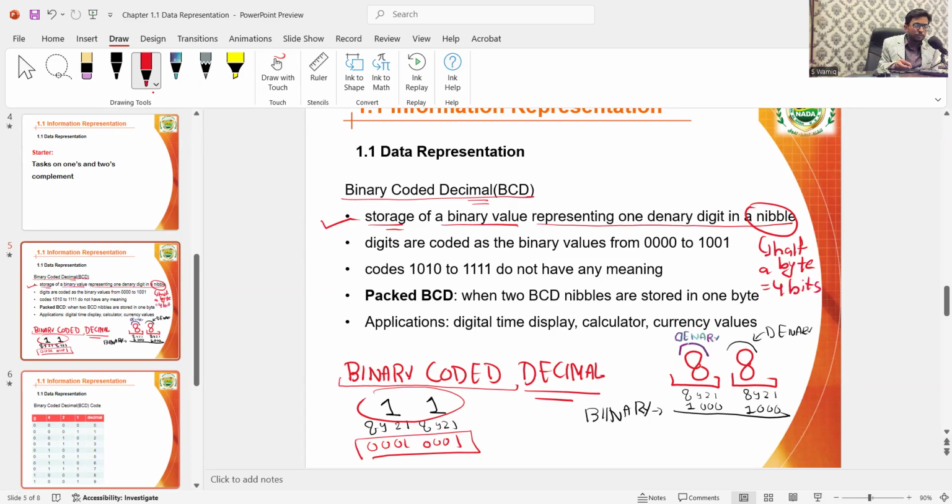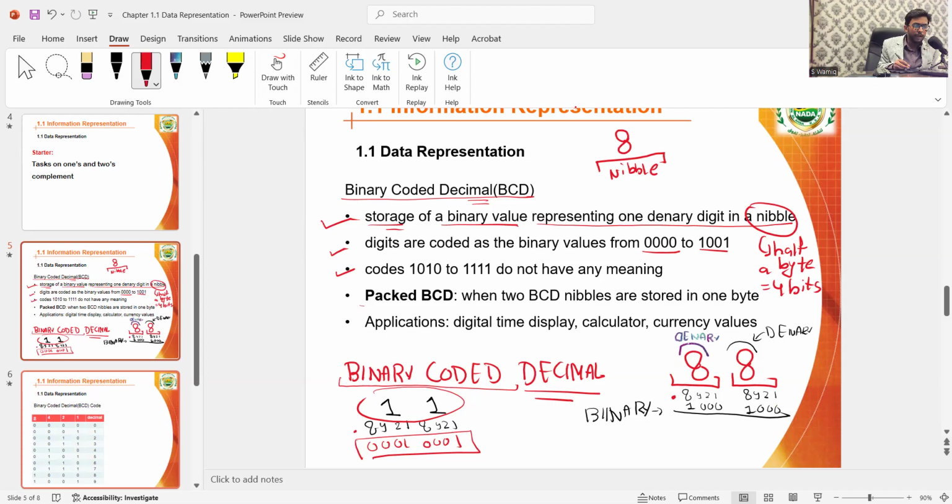So a binary coded decimal is the storage of a binary value representing one denary digit in a nibble, in 4 bits. You can see this is 4 bits right here, and this is 4 bits right here. Digits are coded as the binary values from 0000 to 1001. Codes from 1010 to 1111 do not have any meaning.